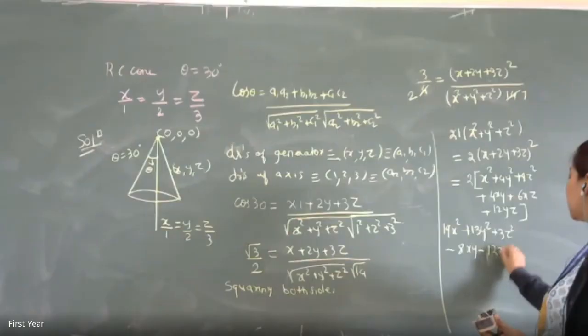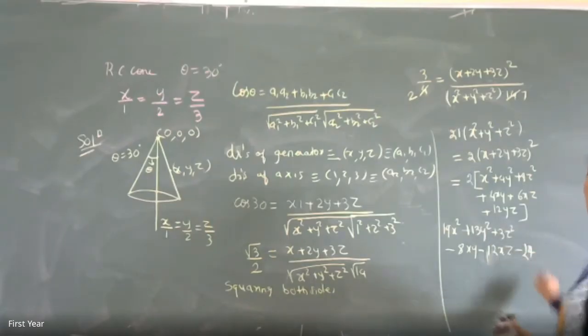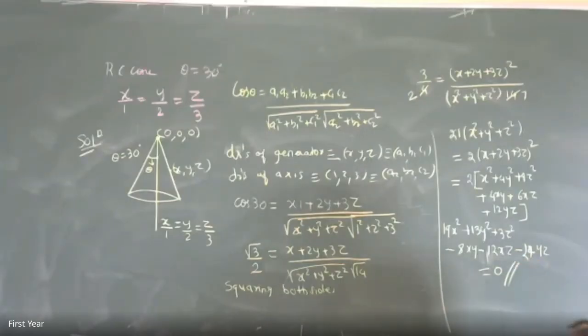Minus 8xy, minus 24yz, minus 12zx is equal to 0. This is your equation of right circular cone with vertex at origin. Can you tell me what type of equation is this?